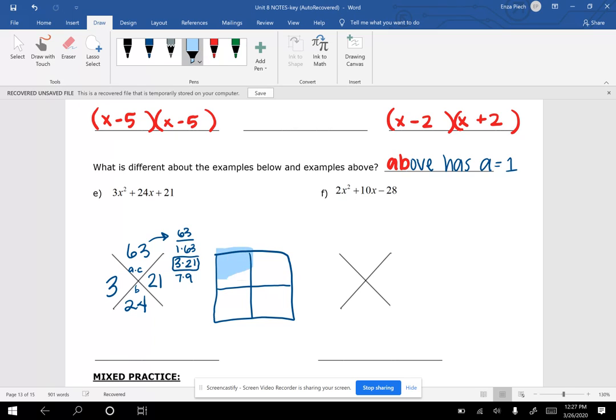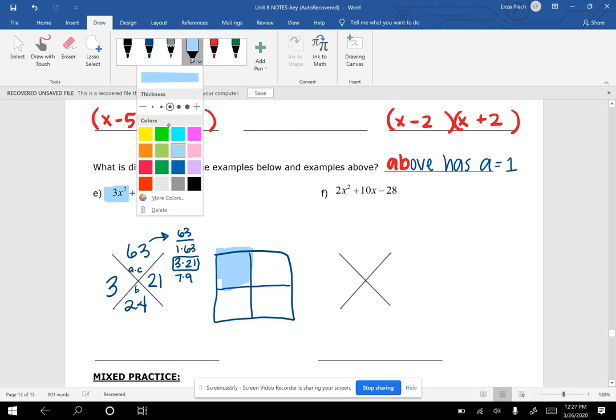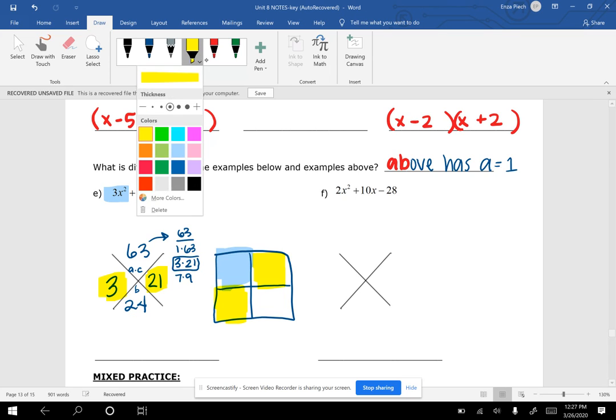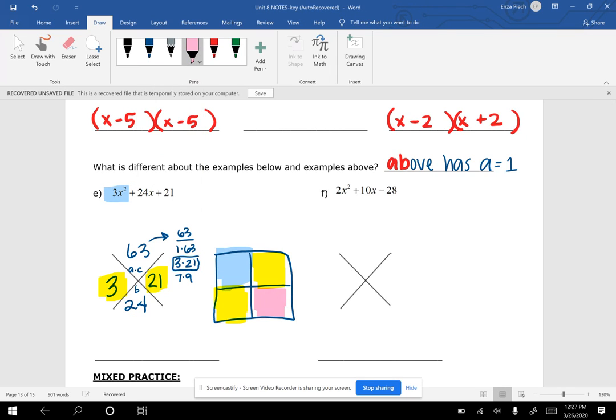And like we did before, we've got the yellows, both go here. And then we also have our C value that fills that in. So we end up with 3x squared, and then plus 3x plus 21x plus 21.